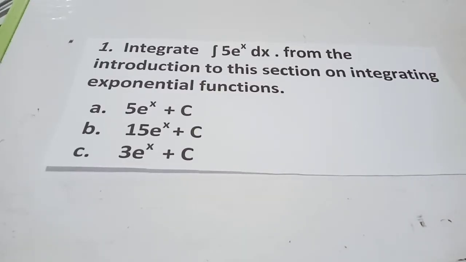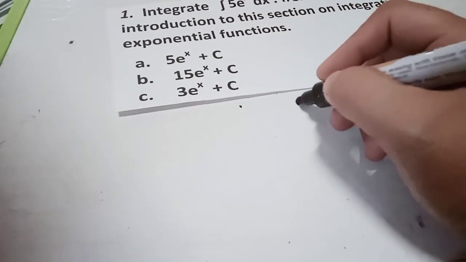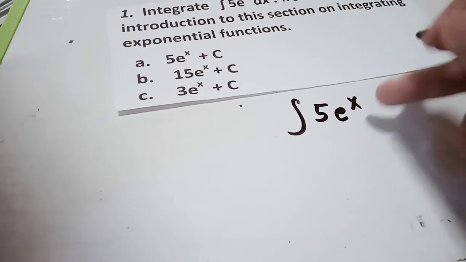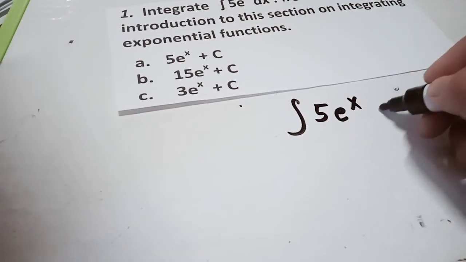Integrate 5e to the x dx, from the introduction to this section on integrating exponential functions. How do we solve an exponential function? First, we need to integrate 5e^x. Take note, this is an exponential function.